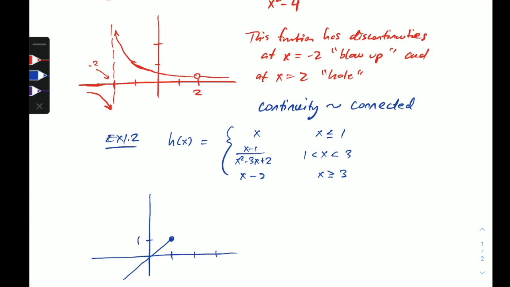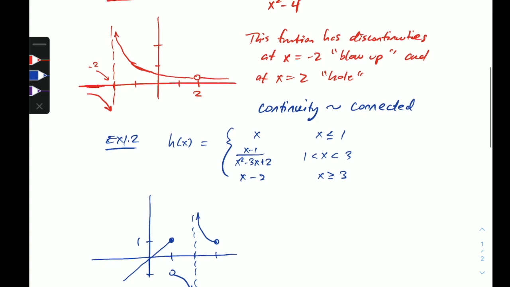I would use a calculator to graph this rational function, but I'll just tell you what it looks like. So it has this asymptote at 2. And then from 3 on, it's this line x minus 2, which looks like this.